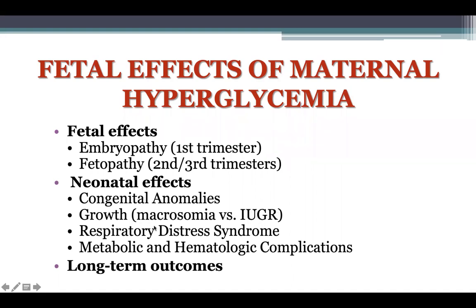Then there is surfactant inhibition, and RDS can occur. Then metabolic and hematologic complications like hypoglycemia, hypocalcemia, hypomagnesemia, polycythemia. And then there are long-term outcomes also. The baby may have hypertension and cardiovascular diseases in the long term.